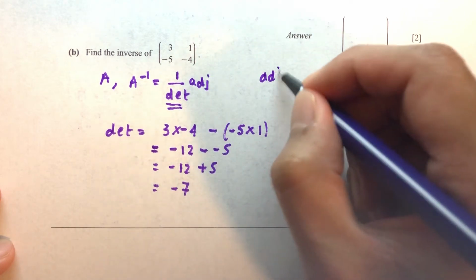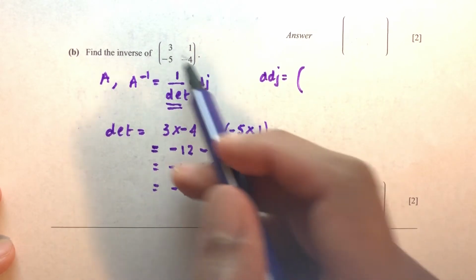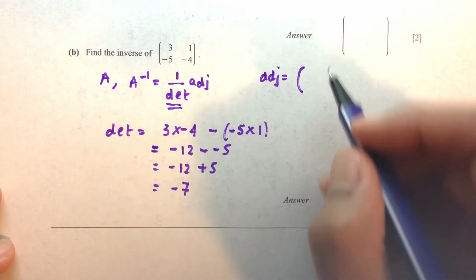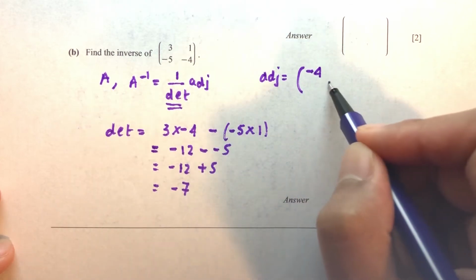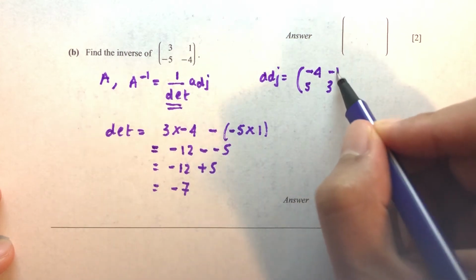So now let's find the adjoint matrix. We have to flip those two: 3 becomes, we bring the 4 up and 3 down. So minus 4, 3, and change the sign of those two: 5, minus 1.